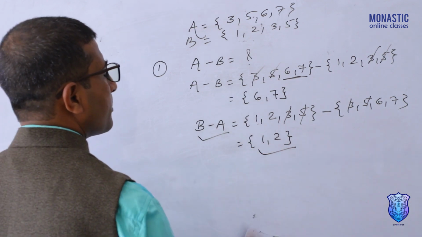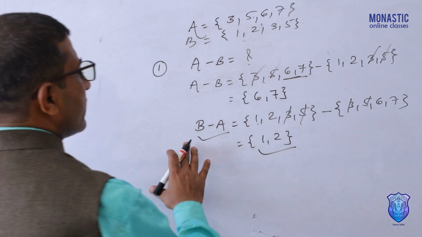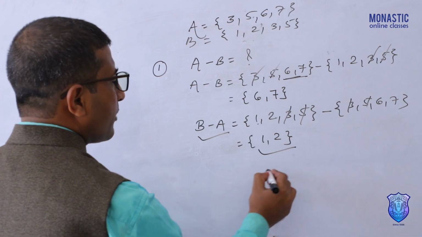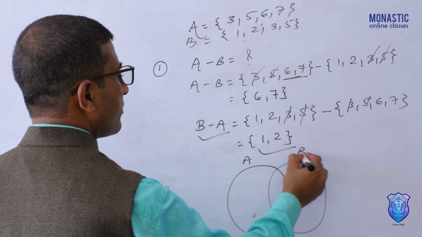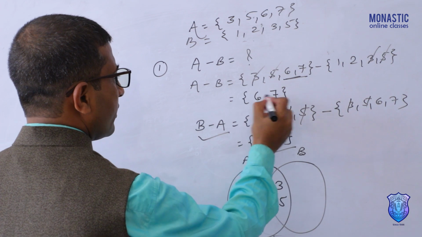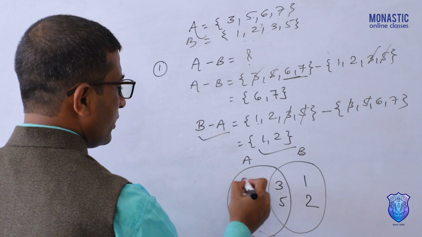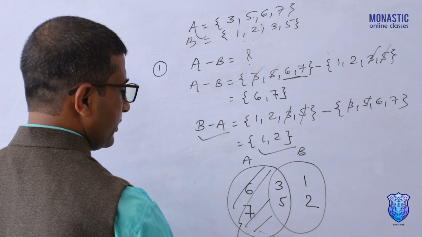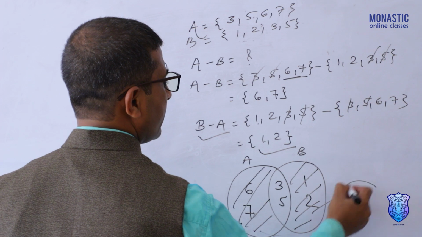This represent B minus A, or difference of set B and A. If we have to show this relation in Venn diagram, as you know, we have to start from the intersection, that is 3 and 5. Remaining element 6, 7. In B it is 1, 2. This part represent A minus B, and this part represent B minus A.